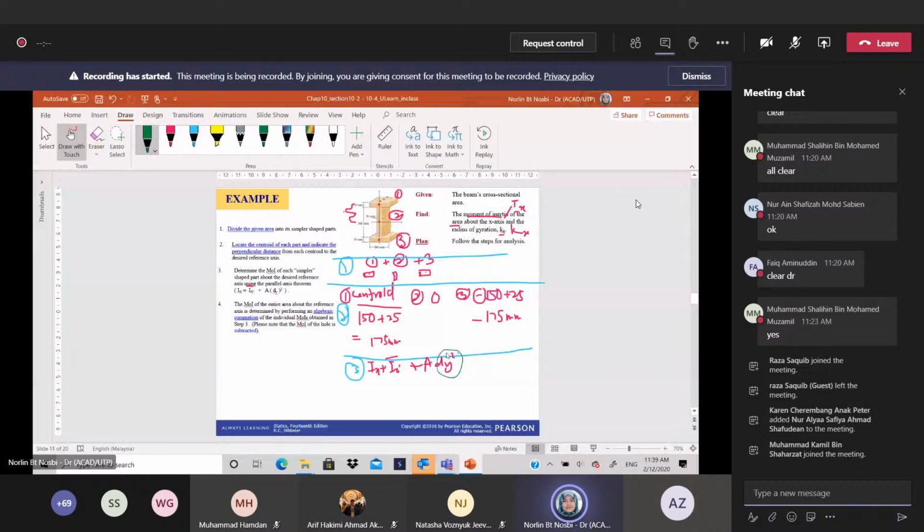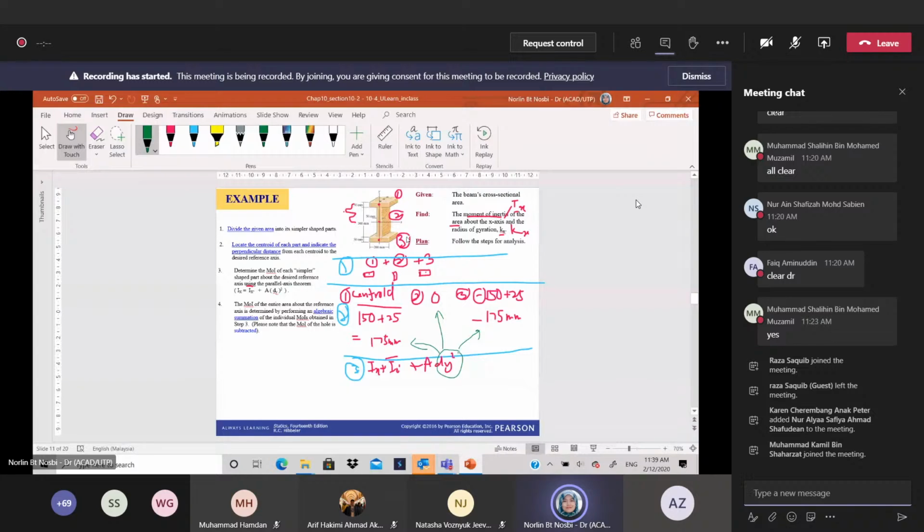The dy here is the value of the centroid. The area, so you need to find the area for each part. So for area 1, area 2 and area 3.